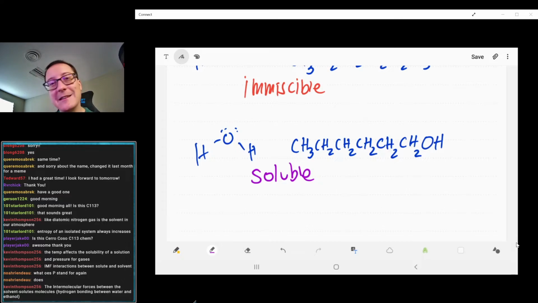So this is kind of intermediate. It's probably not going to dissolve fully in the water, to the extent that ethanol would, because we've got this long nonpolar carbon tail on it. But because of the OH, it would probably mix.